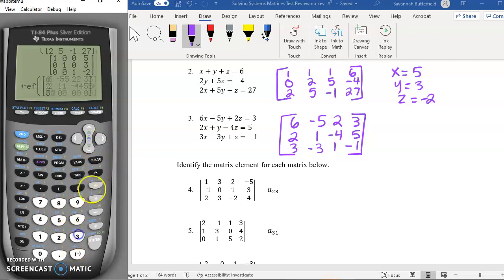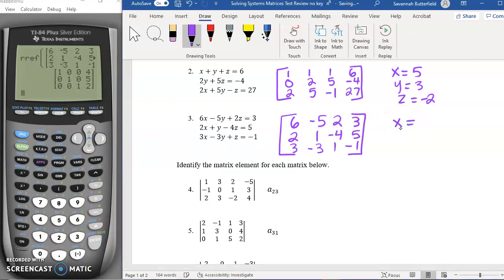And then on our last row we had 3, negative 3, 1, and negative 1. So for this one we get x equals 4, y equals 5, and z is equal to a positive 2.